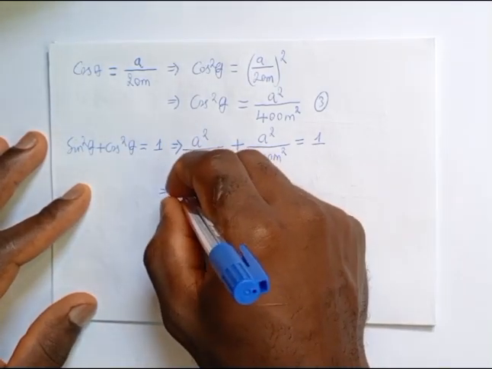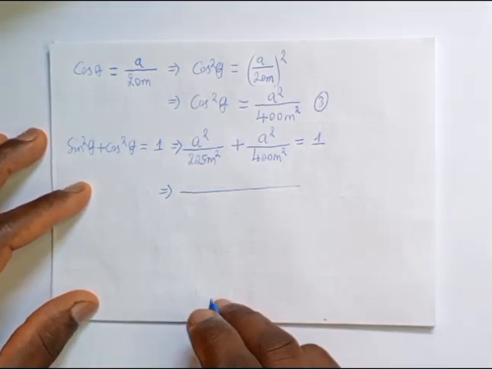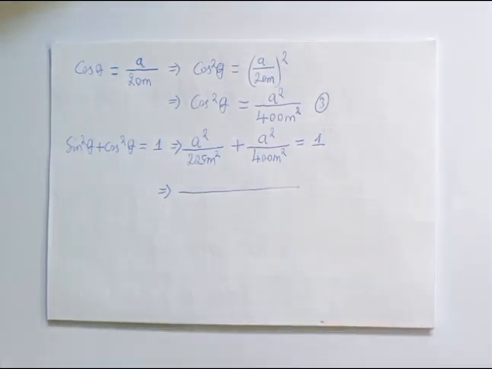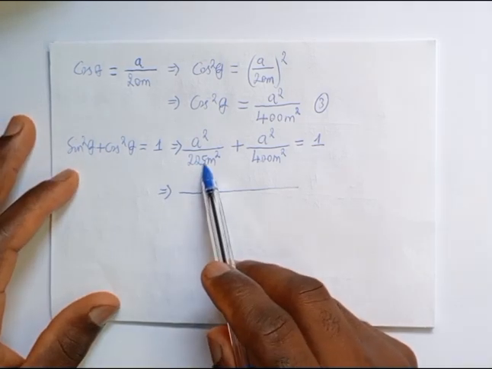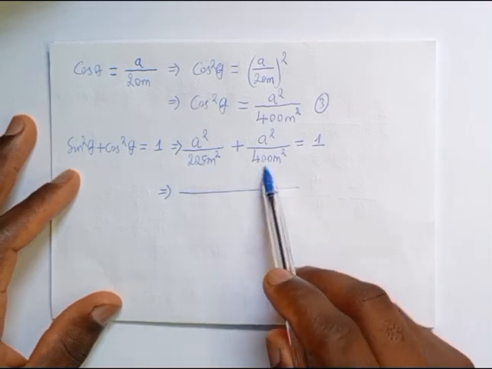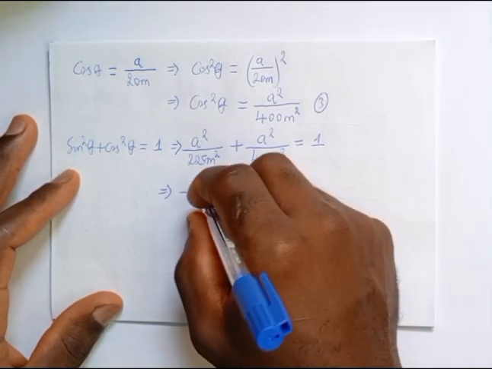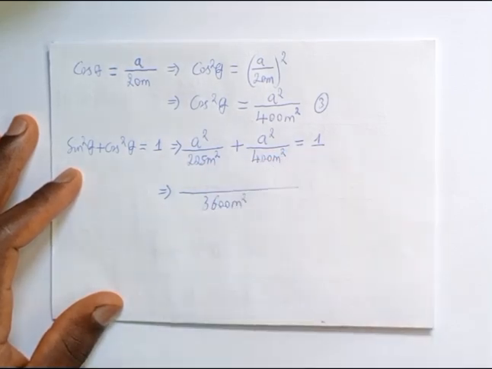This will imply that we need the LCM of 225 meters squared and 400 meters squared. The LCM of 225 and 400 is 3,600. Bring down the meters squared.